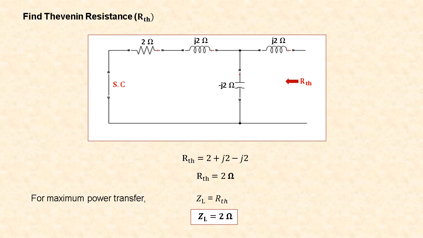So we are not considering that inductance J2 ohm. Now resistor 2 ohm, inductance J2 ohm and capacitance minus J2 ohm are in series. So RTH is equal to 2 plus J2 minus J2, which is equal to 2 ohm. So the load resistance is equal to 2 ohm. Hence, for maximum power transfer, the load resistance is equal to 2 ohms.